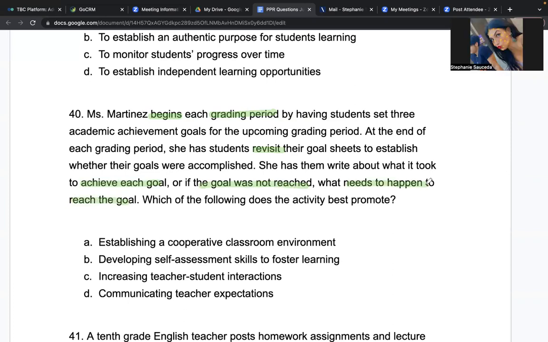What can we eliminate? Let's read these answer choices. Somebody read them out loud for us, please. Establishing a cooperative learning environment, developing self-assessment skills to foster learning, increasing teacher-student interactions, or communicating teachers' expectations. All right.